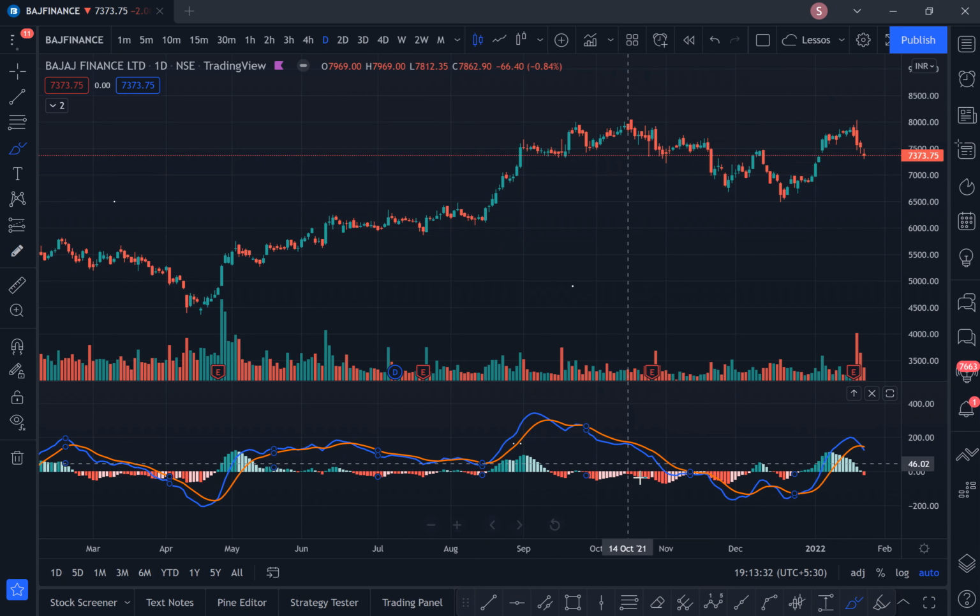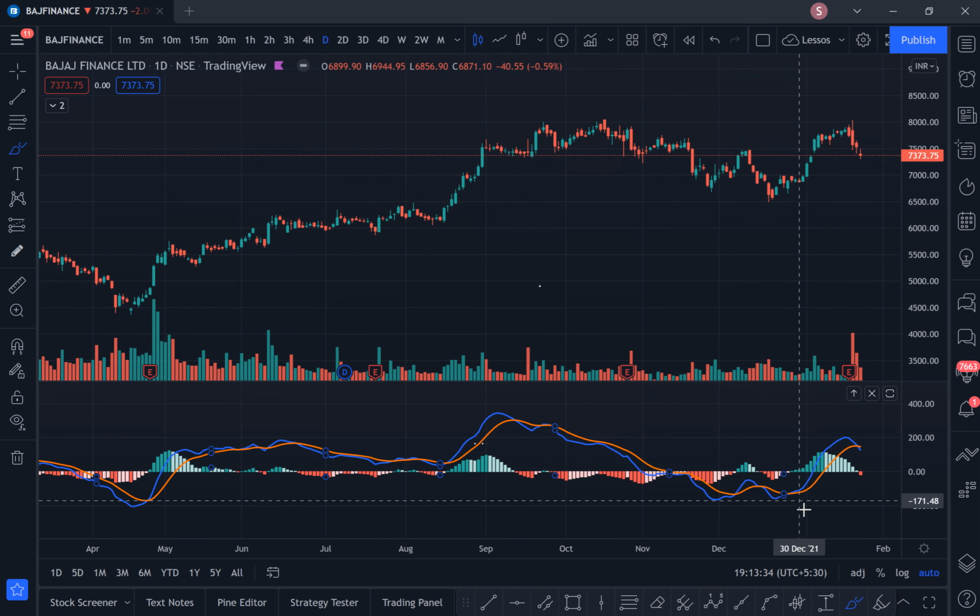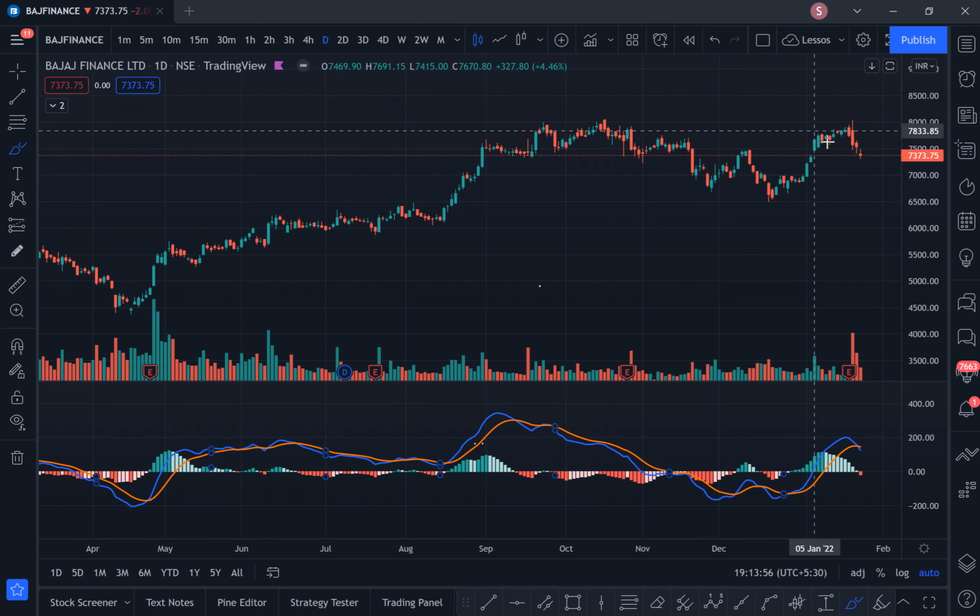So how the trade is generally taken is that whenever the blue line, that is the MACD line, cuts the signal line from below, and you'll see the histogram turn green, then a trade is taken. And you see here correspondingly the candle, the cut has happened and the histogram turned green, and you see then the ride goes up.